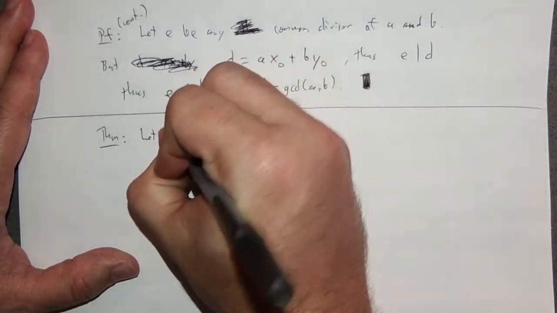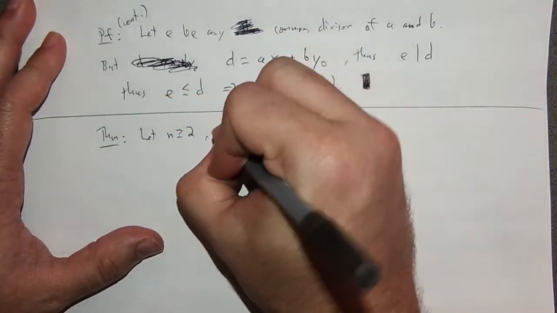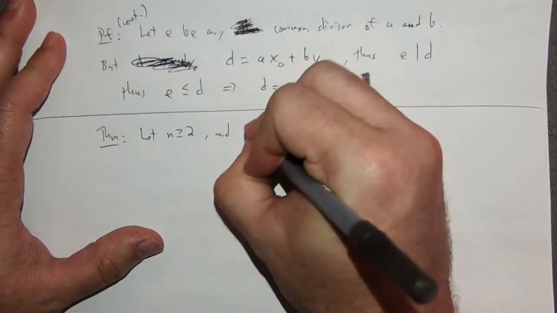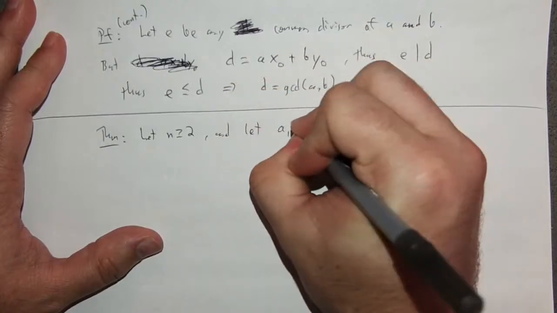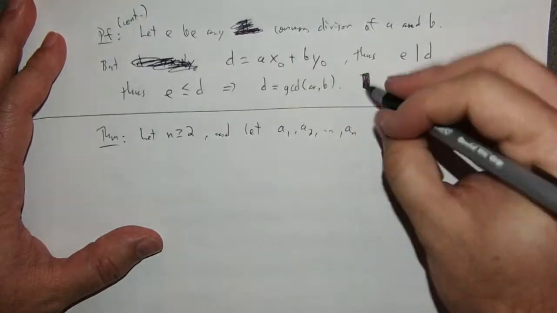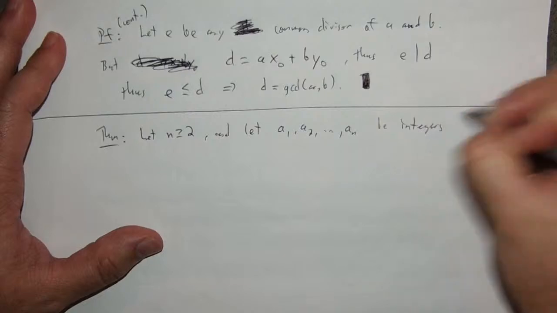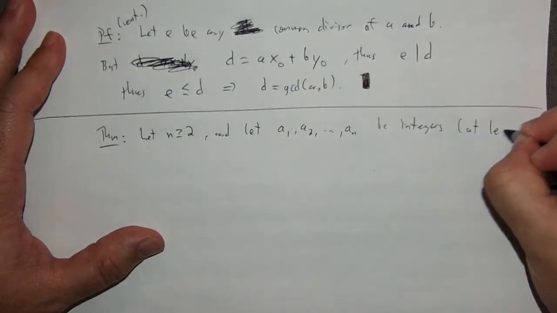You'll see what I mean. So let n be greater than or equal to 2, and let a sub 1, a sub 2, all the way up to a sub n be integers with at least one non-zero.